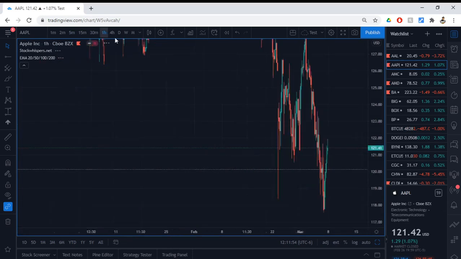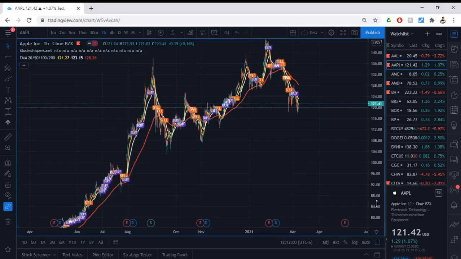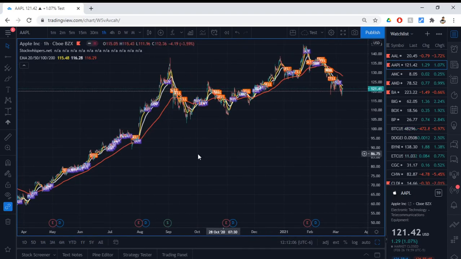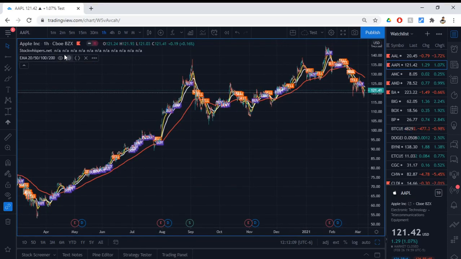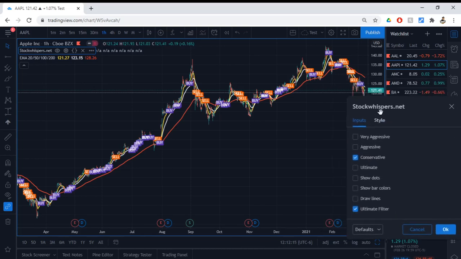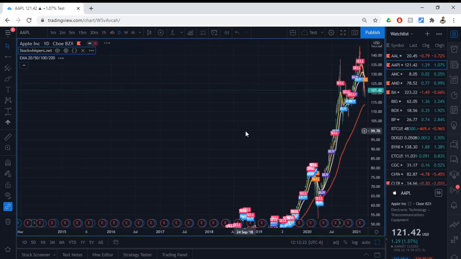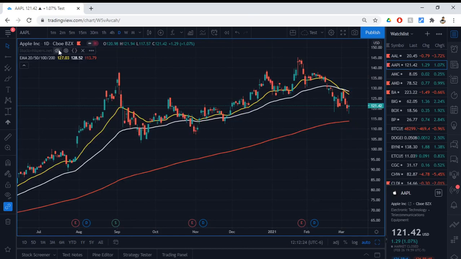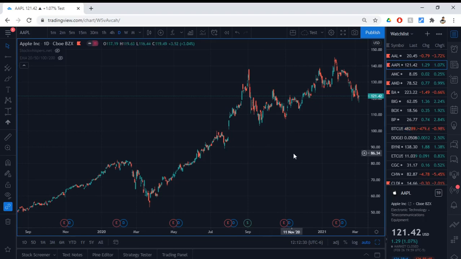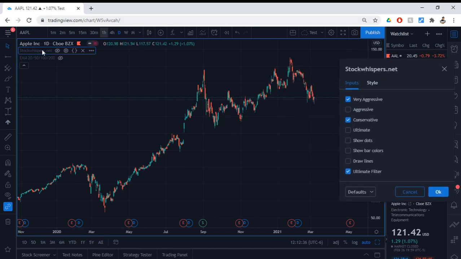Now, you really don't want to use a conservative entry on smaller time frames. But if your question is, why would I choose the conservative entry over any other? It's just personal preference. Actually, these were names that we gave the strategies just to have something. The way this should be used is, you have this, and you have to just decide what time frame you want to trade on.